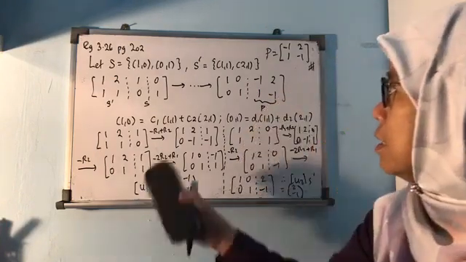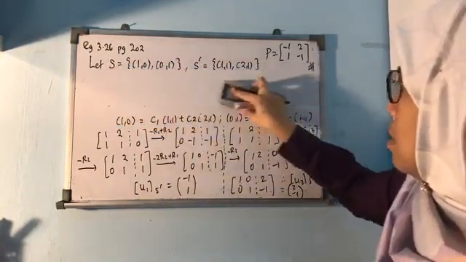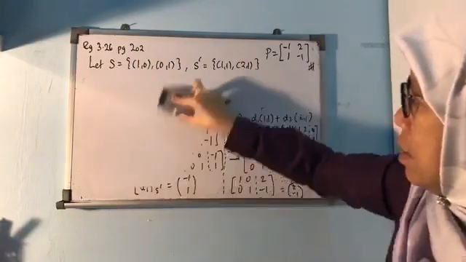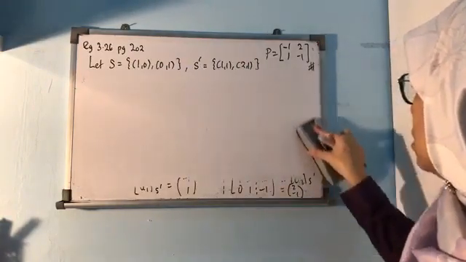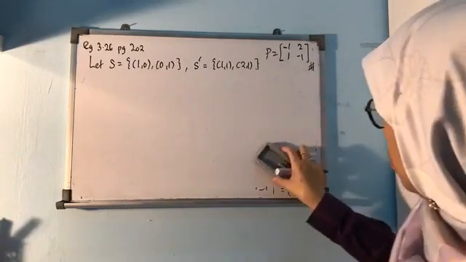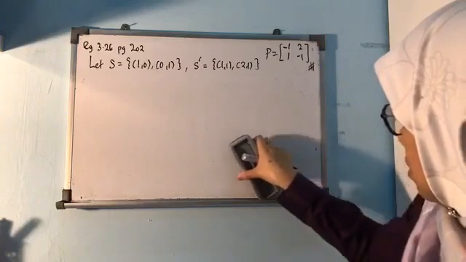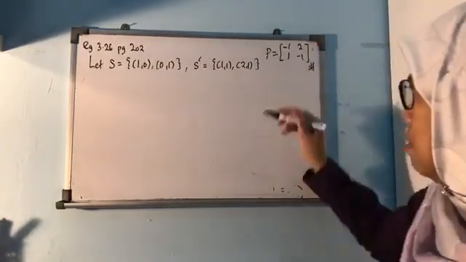Okay, there is a second question for this one. What does it mean by transition matrix? You can change basis from one basis to another. So what does it mean by this?